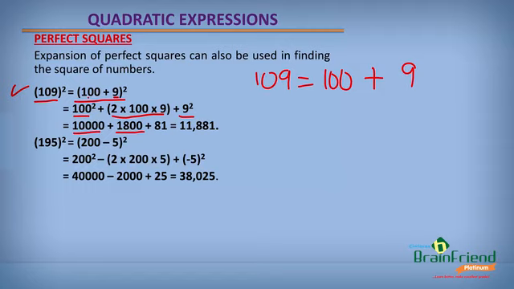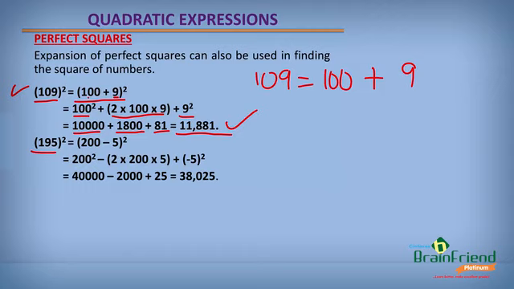And 9 times 9 gives us 81. Once we add all this together, we have 11,881. So the square of 109, if we do not want to use long multiplication, is 11,881.